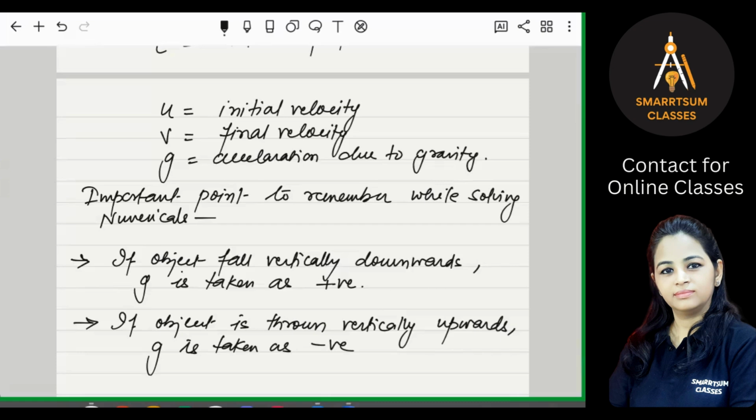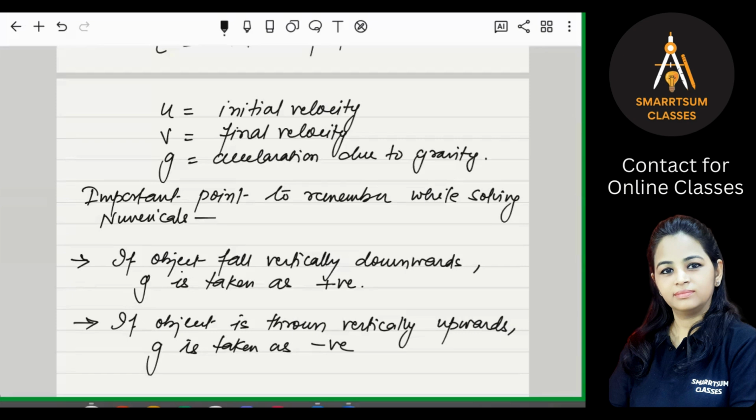We throw an object with some initial velocity, and its velocity will decrease, because the force of attraction applied by the earth is working in the downward direction while the object is moving upwards. That's the reason its velocity decreases, right? Is that clear?